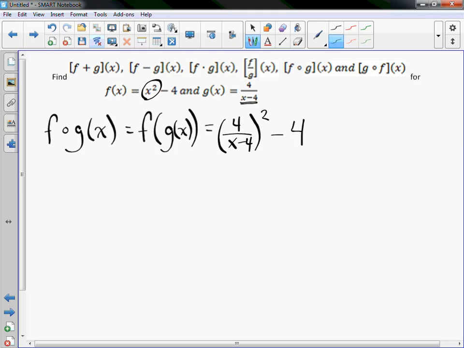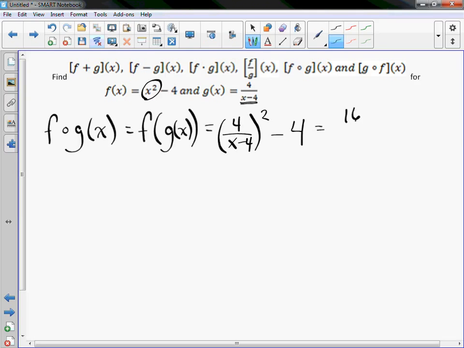A good habit when you're substituting into a function is to put parentheses around whatever you're putting in. It should help make sense of the operations you have to perform after you replace it. To square a fraction, you square the numerator and the denominator.